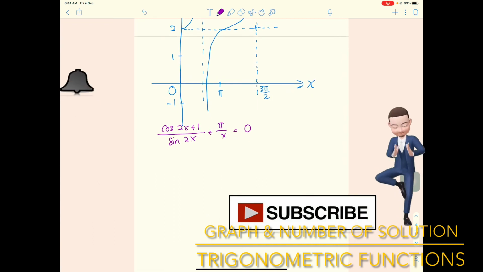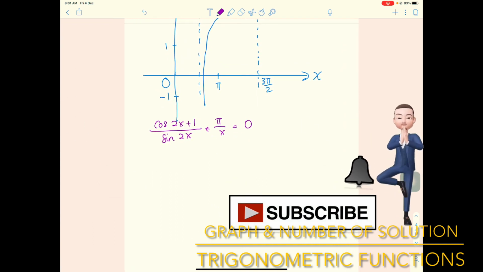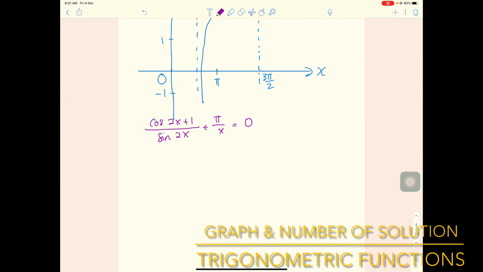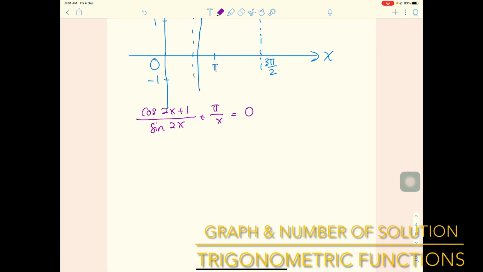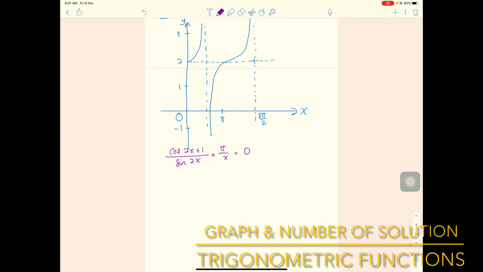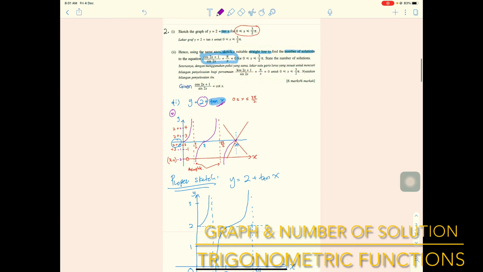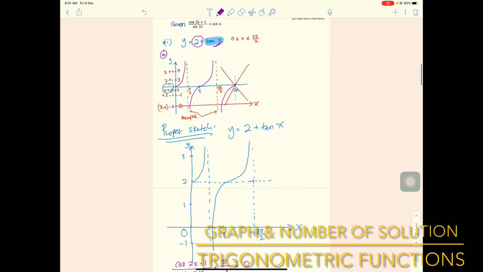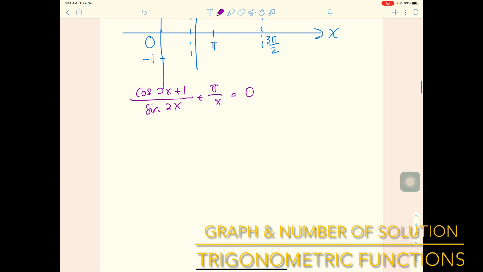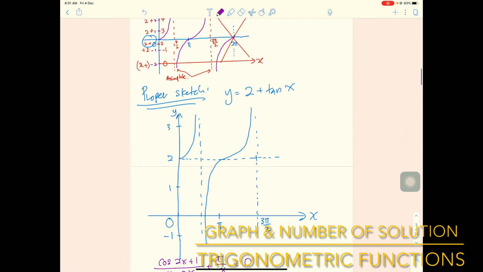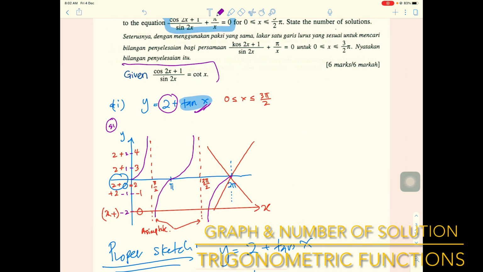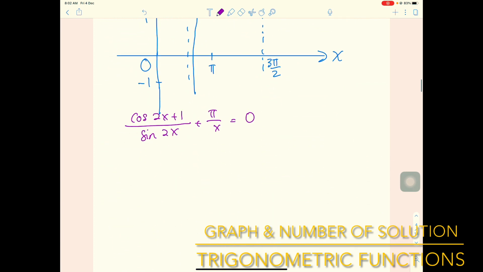Alright, so what do we do? Okay, so cos 2x plus pi over x. Cos over sin to sin 2x. Actually, from the given information, cos 2x plus 1 over sin 2x equals cot x.